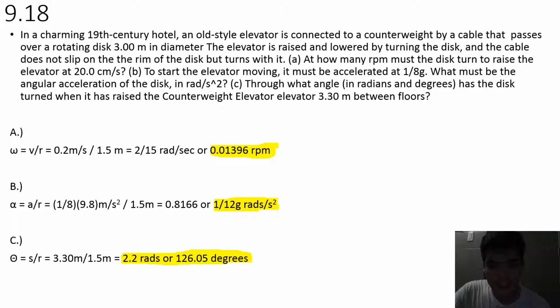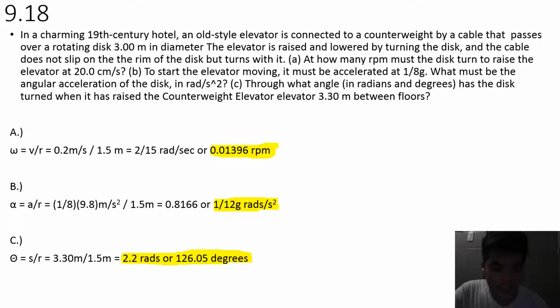C. Through what angle, in radians or degrees, has the disk turned when it has raised the counterweight elevator 3.3 meters between floors? The formula for angle is just arc length over radius.